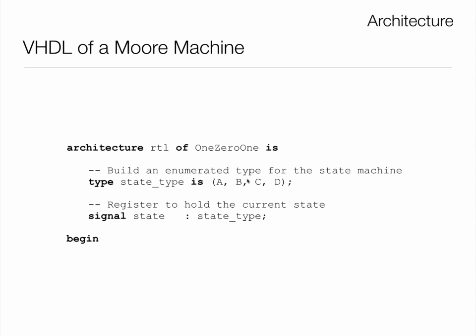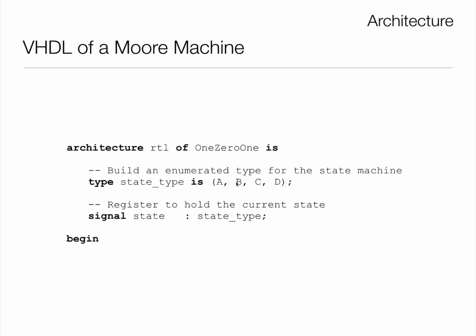Now, I've used a little trick in VHDL. It's really nice because we never actually access the state itself from outside. It's an internal variable telling us where we are, which circle we're in. We can create a new type called state type, and its valid values are A, B, C, and D. So I can create a signal state of that type.